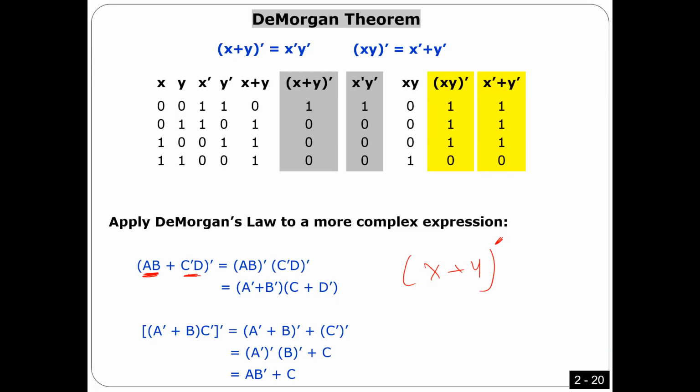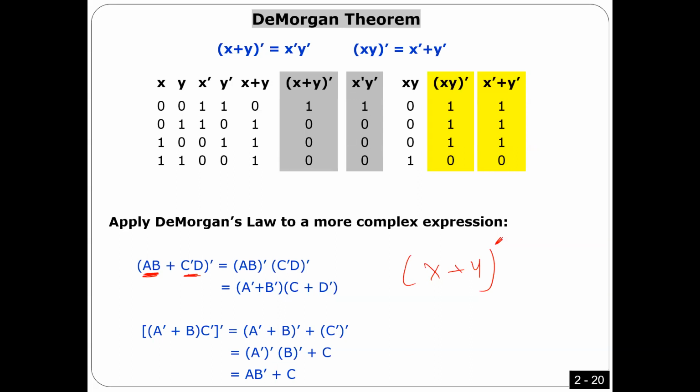You can consider this is X and this is Y. So I take the first one, consider it X, and complement it; I take the second one and complement it. When I say X and Y, it can actually be any expression. I can name this expression X and this expression Y. Same thing for the rules I explained before.